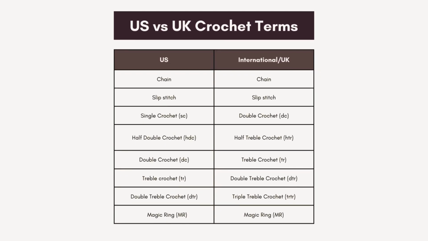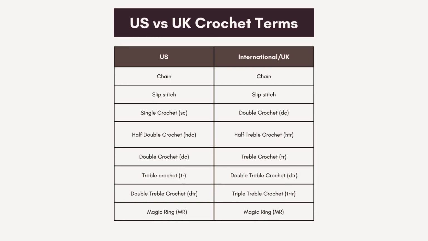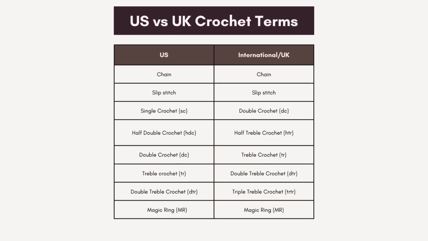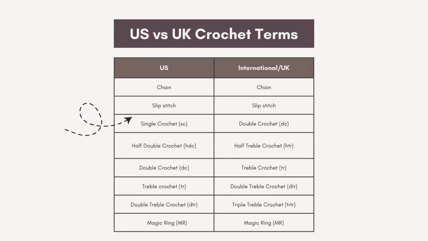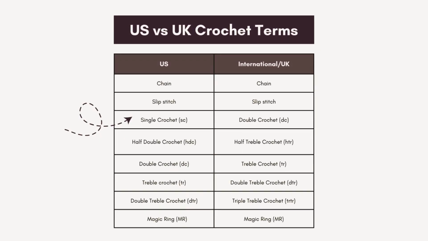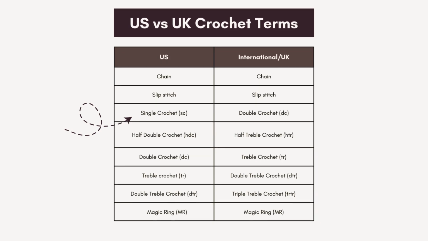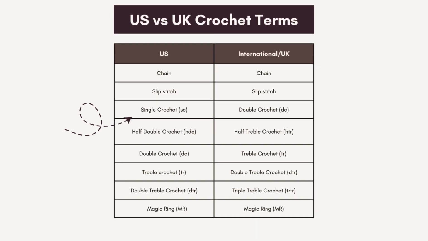That's because most crochet pattern writers are going to include in their pattern whether or not they're using the US version or the international version. However, in case they don't mention it, look out for the term single crochet to figure out whether it's a US or international pattern. If you see the term single crochet, then you can rest assured that that is a US pattern.